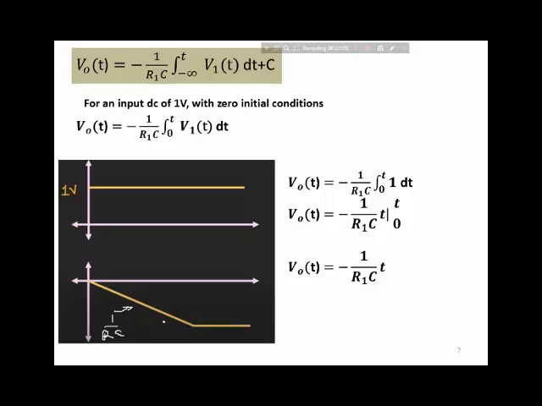If this constant is increased, then this slope would increase. The response would be like this, and it would get constant. If this constant is reduced, the slope would be reduced, and it would follow this way.